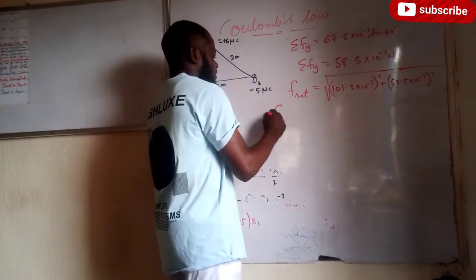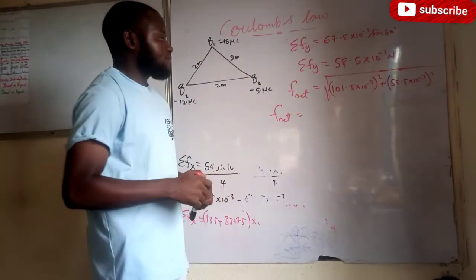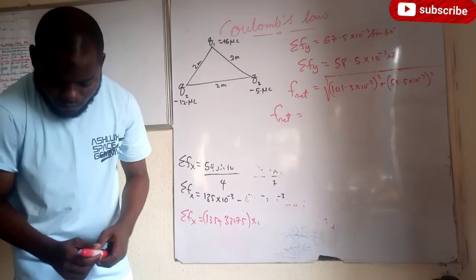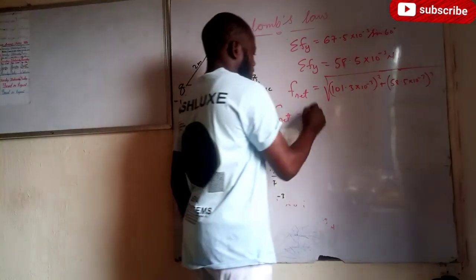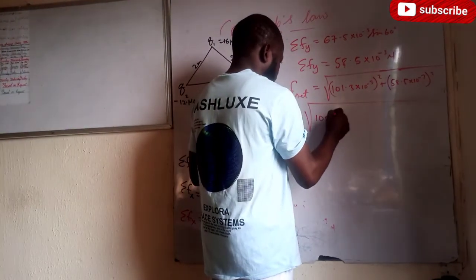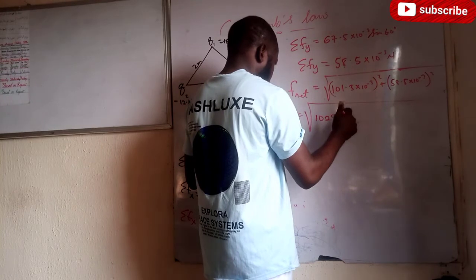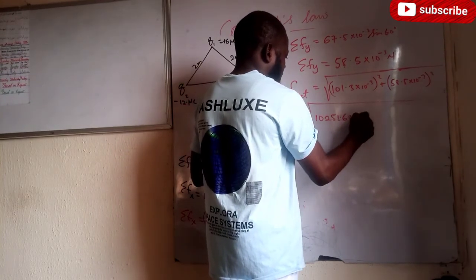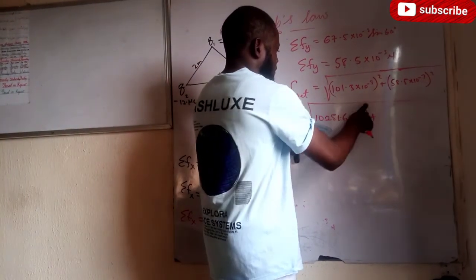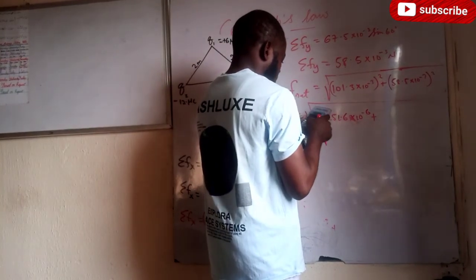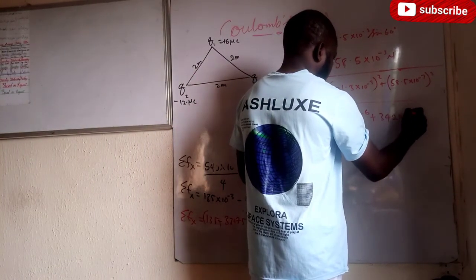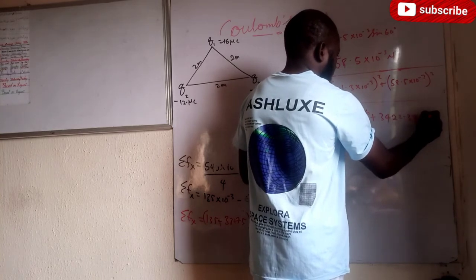So to avoid mistake, the net electrostatic force on Q3 will become, okay, this will give us the square root of 10,251.6 times 10 to the power of minus 6 plus 3422.25 times 10 to the power of minus 6.